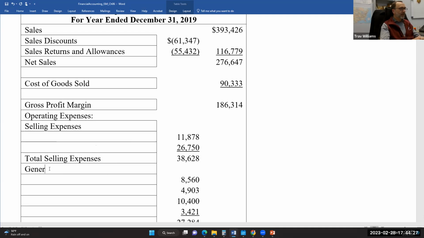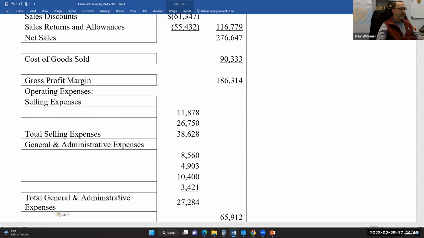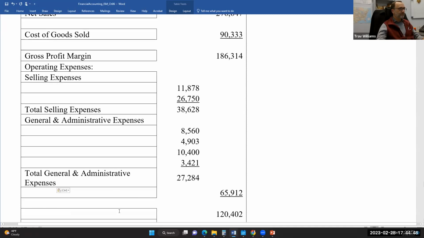Under that, we're going to have general and administrative expenses. That's a long thing to type. And at the total, that is going to be total general and administrative expenses. And then below that is going to be total operating expenses. Okay.